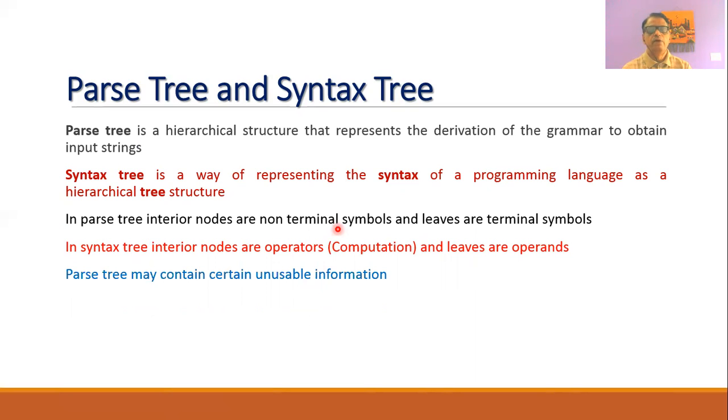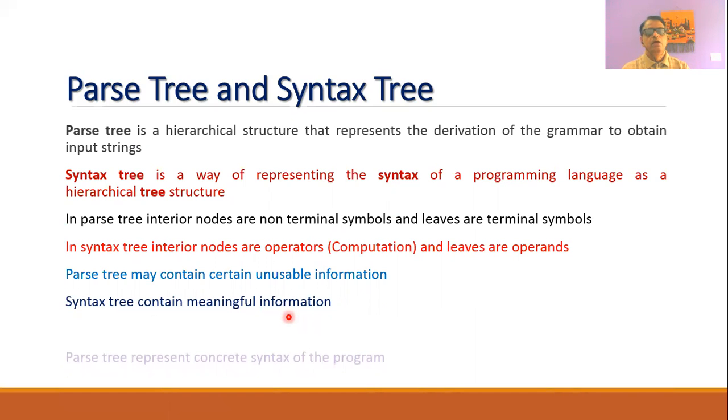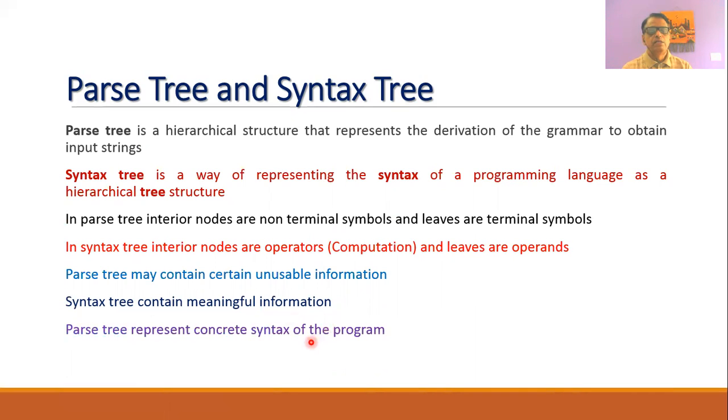Say, for example, the non-terminal symbols of the grammar in the parse tree are of no use. So it may contain unusable information, while the syntax tree will always contain meaningful information. The parse tree represents the concrete syntax of the program, while the syntax tree represents the abstract syntax of the program.